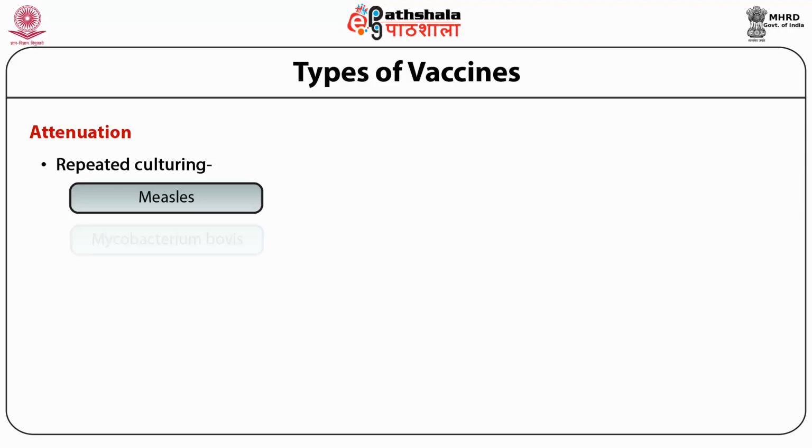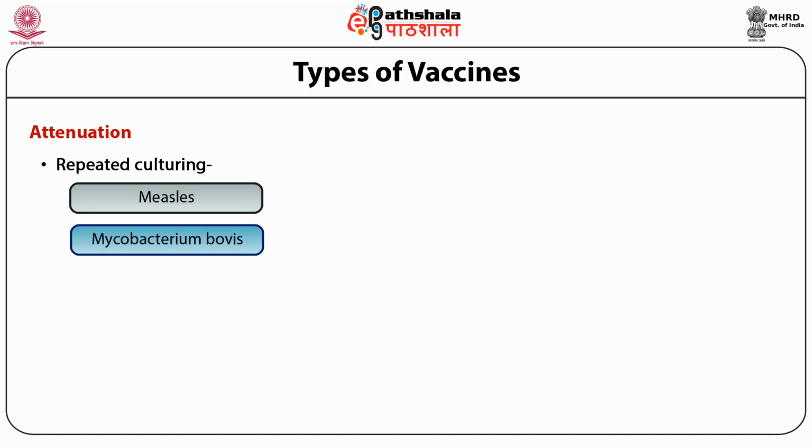Similarly, the strain of Mycobacterium bovis developed in France by Calmette and Guérin to make the BCG vaccine has been used since 1923. In fact, it is interesting that when the genome sequence of Mycobacterium tuberculosis became available in 1998, the comparison with Mycobacterium bovis showed that it has lost as many as 9 sets of genes during attenuation.